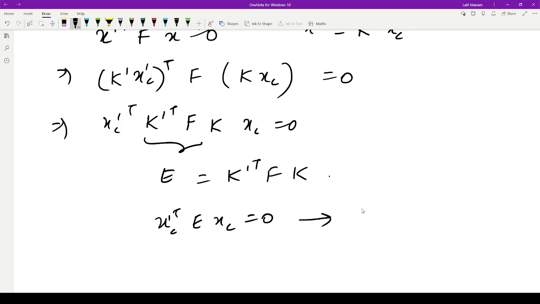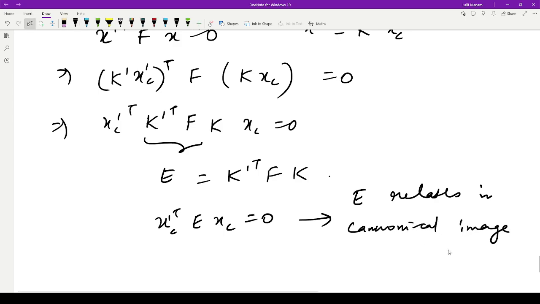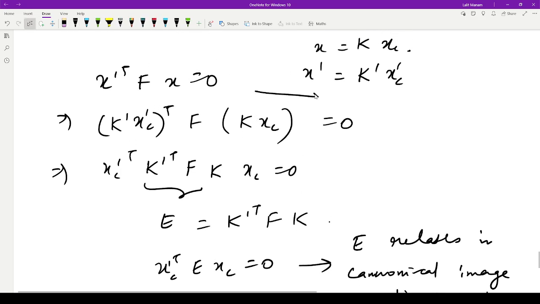So this essential matrix E relates points in the canonical image coordinate system, and here F relates points in the general image coordinate system.